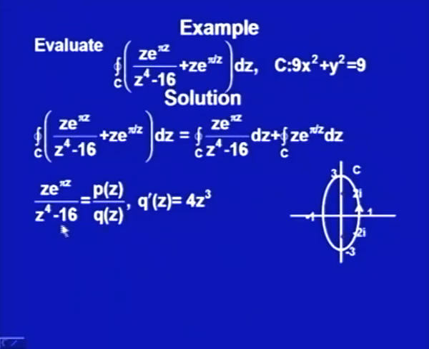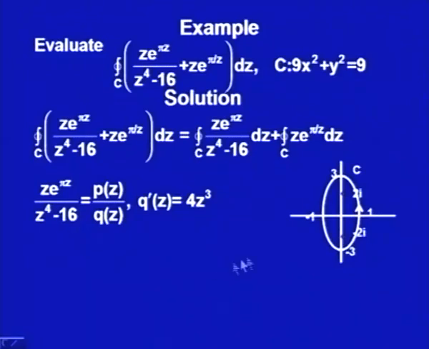This would be having singularities at z square is equal to plus minus 4, or when z square is equal to 4, z would be plus minus 2, and when z square is equal to minus 4, you would get z is equal to plus minus 2 I. So, we have got that this function has 4 isolated singularities. One is plus minus 2, another is plus minus 2 I.